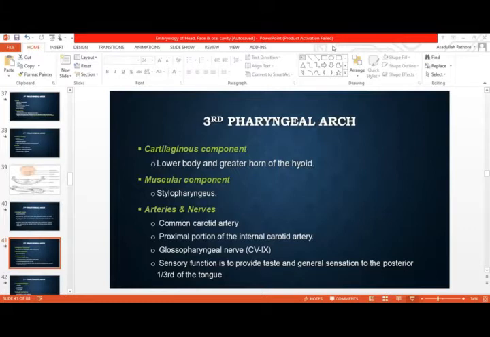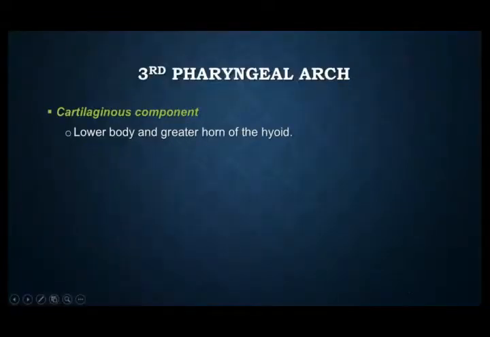They consist of the outer, that is the ectodermal layer, and internally these are lined by the endoderm, and in between these two layers is the mesoderm and the neural cluster cells.